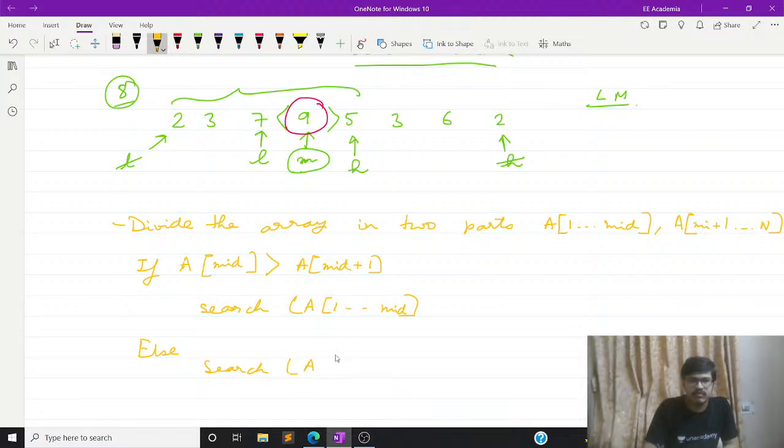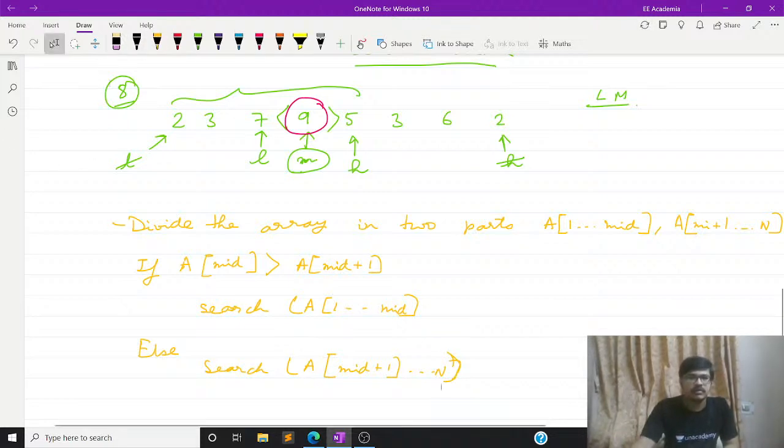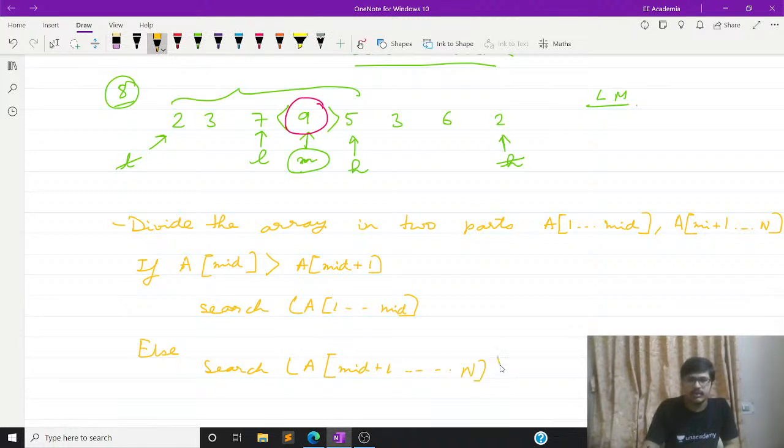Else search A of mid plus 1 all the way up to n.